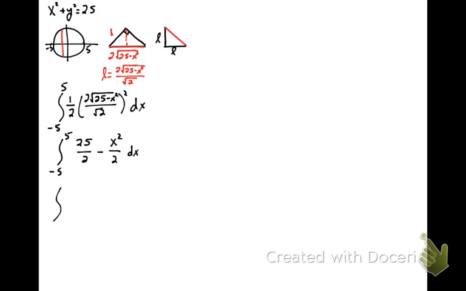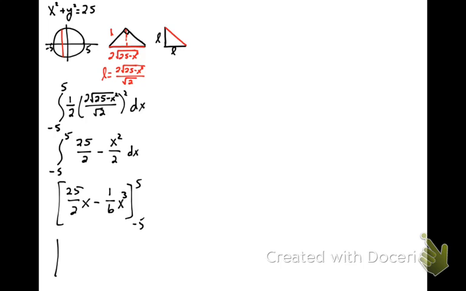So now the integral is not so bad, from -5 to 5. Since I'm integrating, I don't need this, I just need brackets. I'll have 25 over 2 x minus, let's see, it's going to be 1/6 x cubed from -5 to 5.